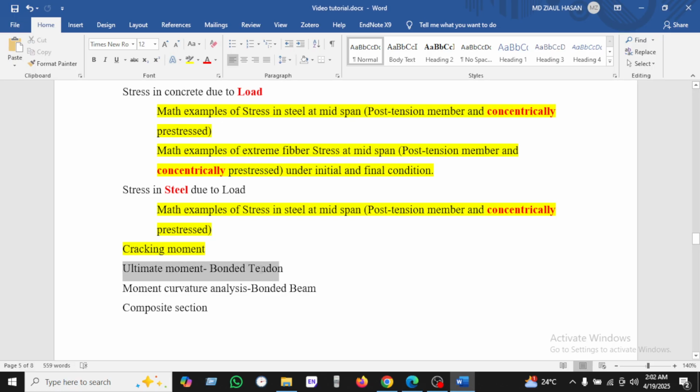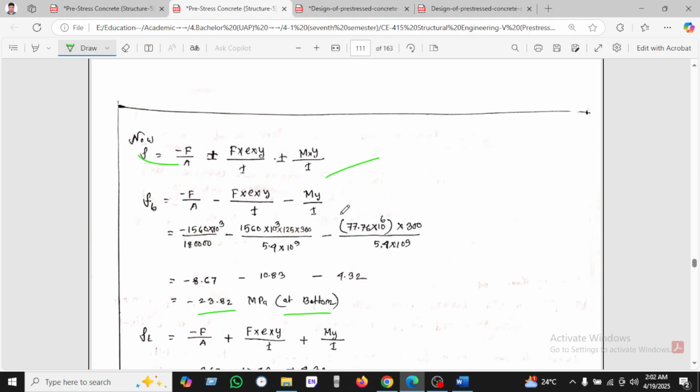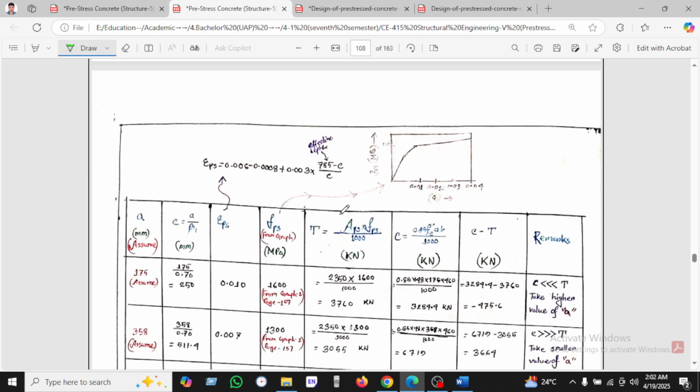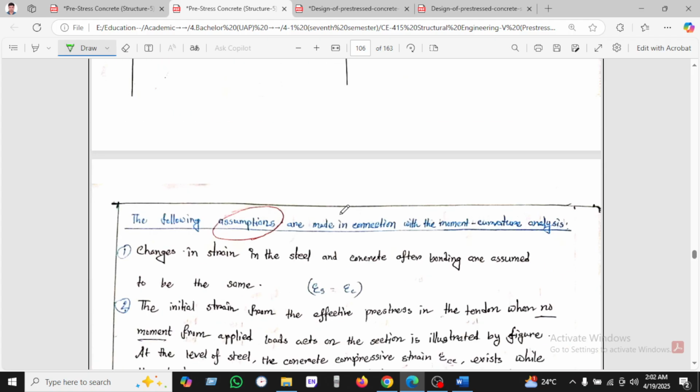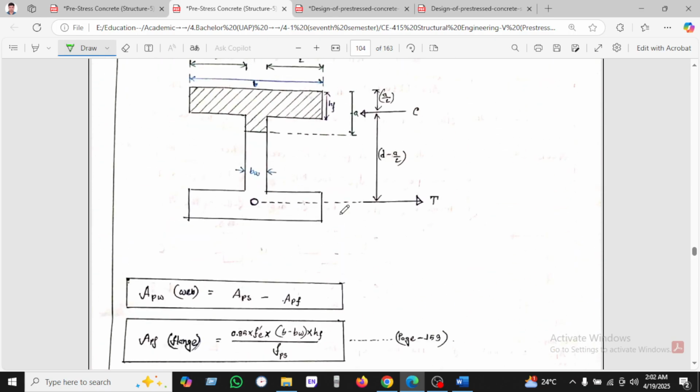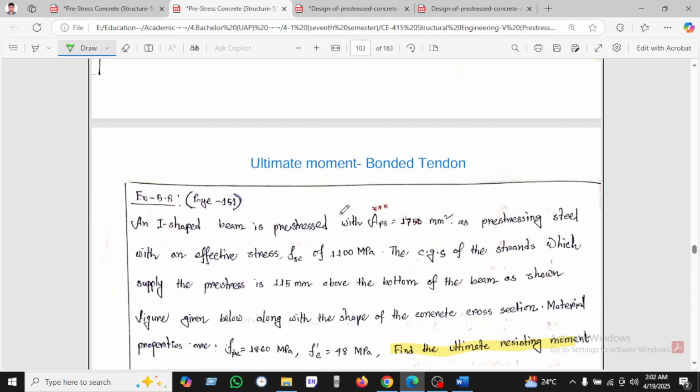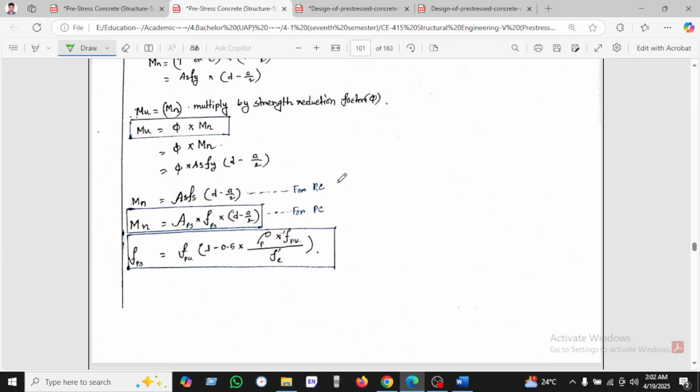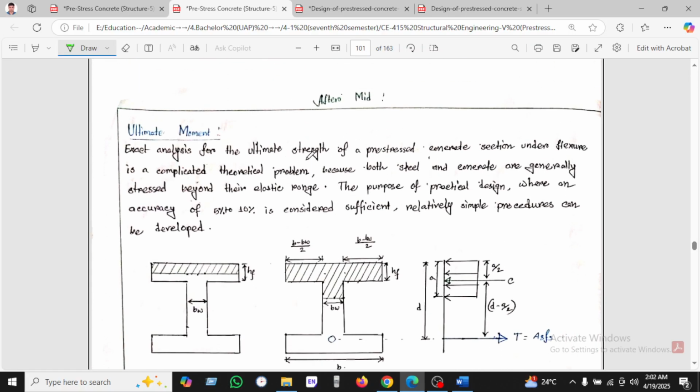Now we'll see the ultimate bonded moment. Okay, let's see the ultimate bonded moment. Okay, these are the ultimate bonded moment.